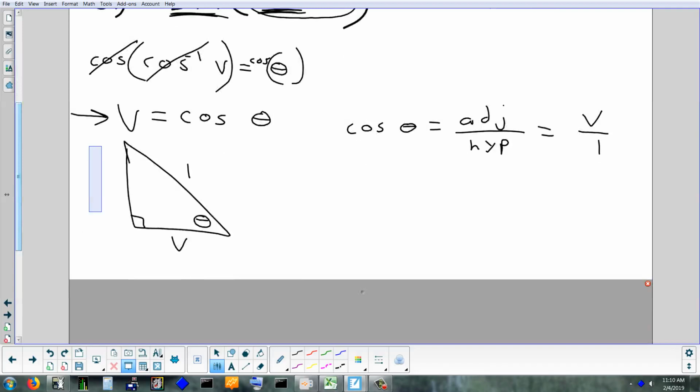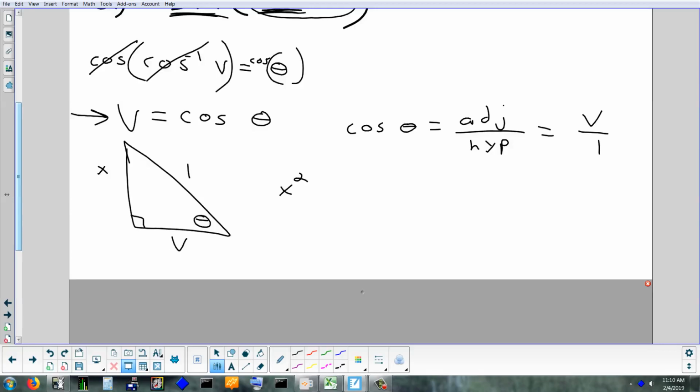No. I'm missing it. But I do have 2 out of 3 of the sides. So how can I get the third side if I know 2 of them? Yeah, we're going to use Pythagorean Theorem. If you want to call the third side x for now, you can. We're going to cross that out in a second because we're going to know what x is. And we're not going to have a number for it, but we're going to have a formula for it that involves v and 1. So let's set up Pythagorean Theorem.